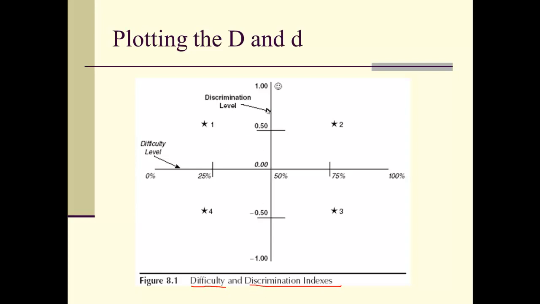They've got a little number line here where we have like 4 questions. This one, question number 1, has a positive discrimination level of 0.5. And this one, number 4, a negative 0.5. Basically, more people got it wrong than right.